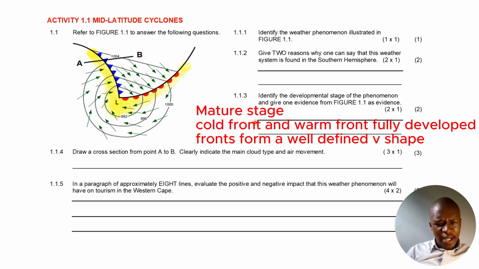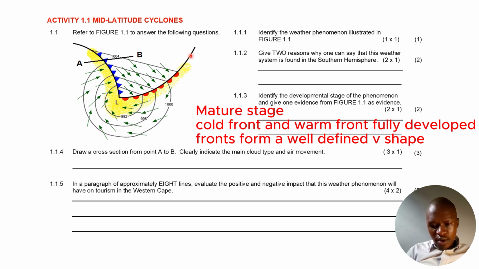That's the answer, mature. How do I know it's in the mature stage? The cold front and the warm front are fully developed. Can you see? It's very clear. This is the cold front, this is the warm front. Number two, the cold front and the warm front form a well-developed V shape. You see that?